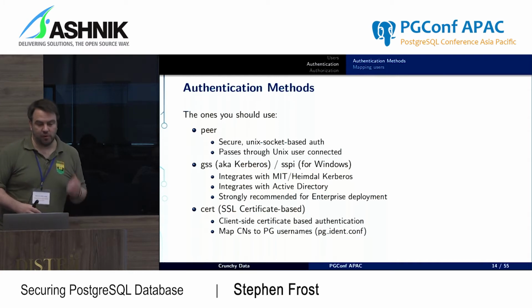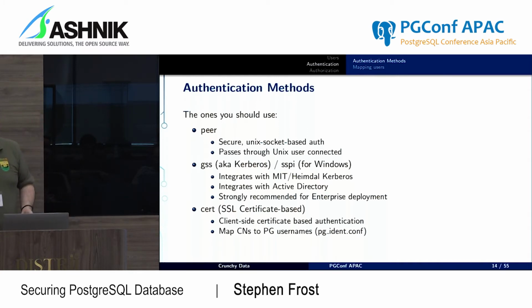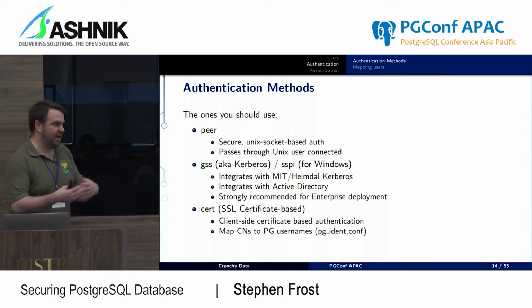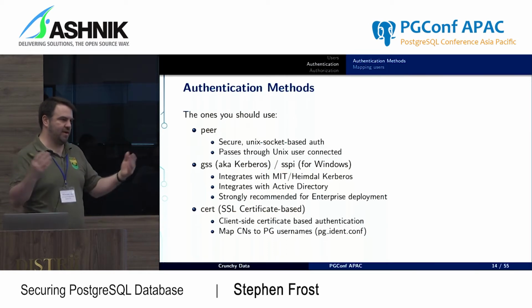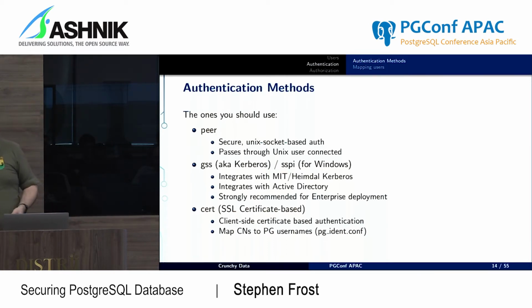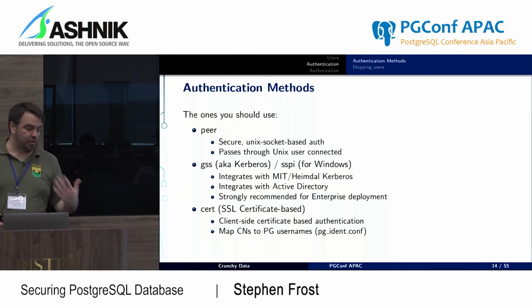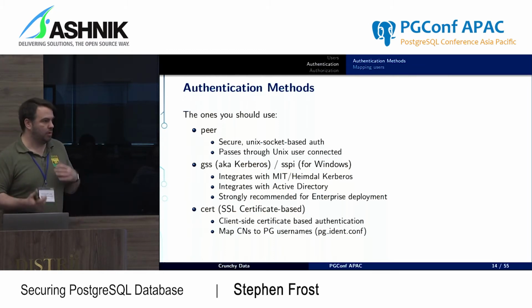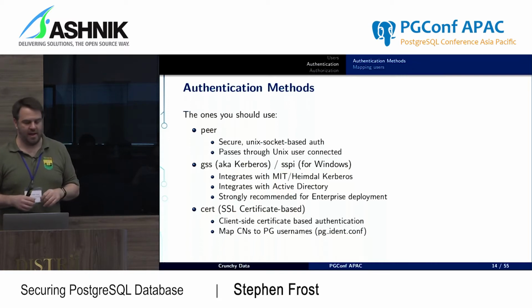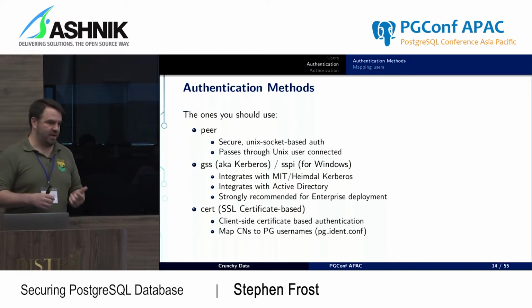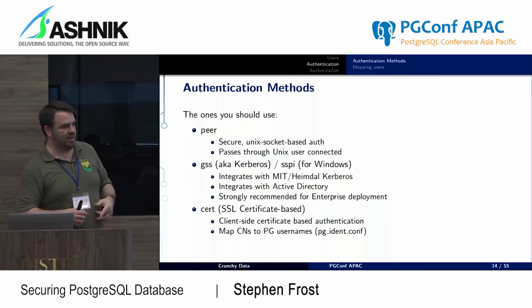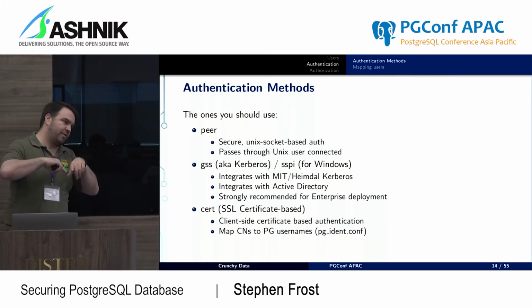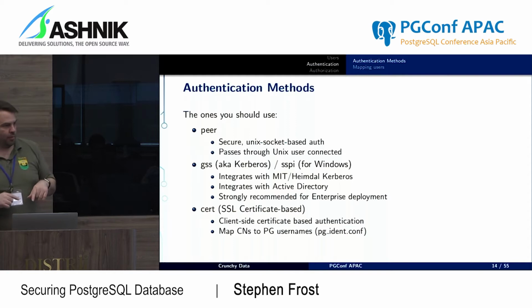Certificate-based authentication is for client-side certificates. If you have a public key infrastructure, a PKI that you've set up, where you have your CA and you can grant out certificates off of that, you can use client-side certificates. So this is also very strong. The client has a certificate and a private key. The server has a certificate and a private key. They're both signed by a trusted third party, the certificate authority.